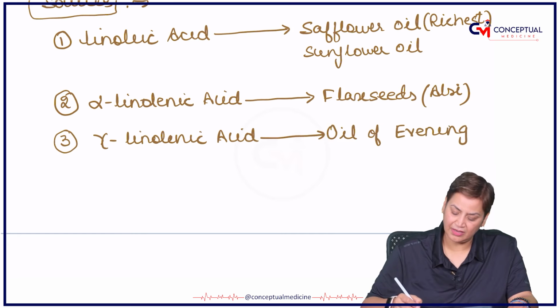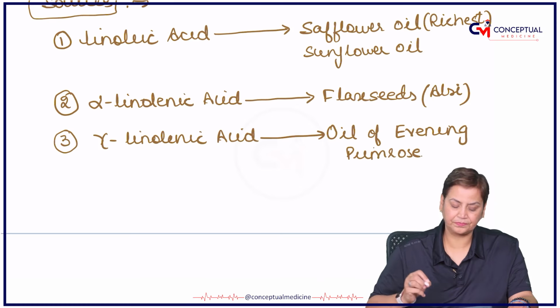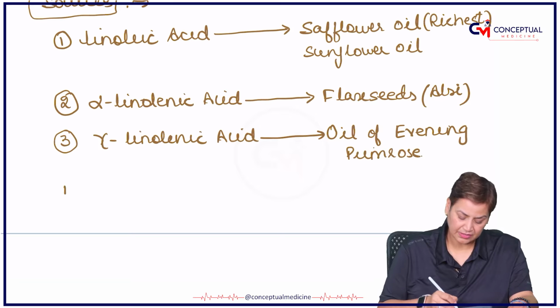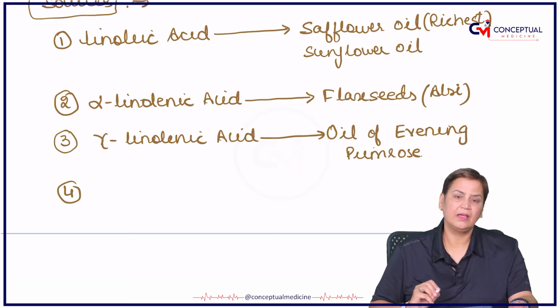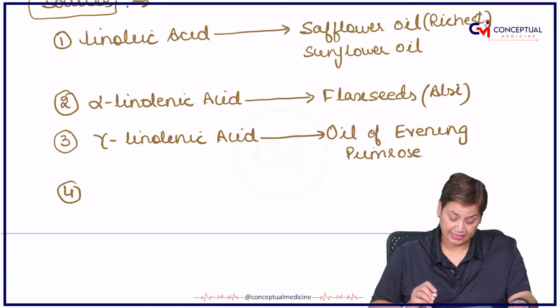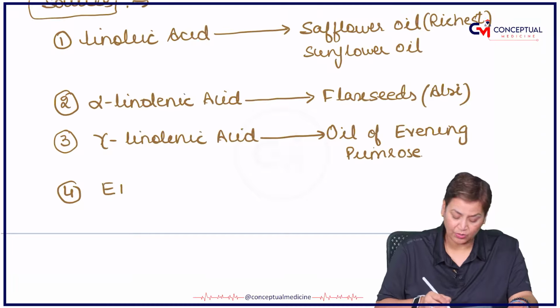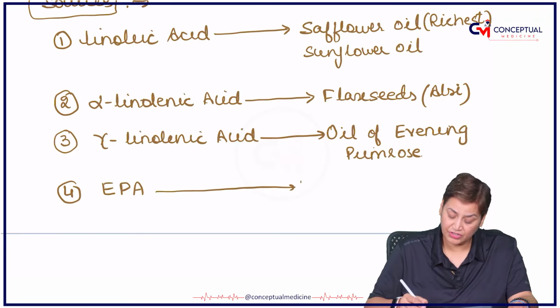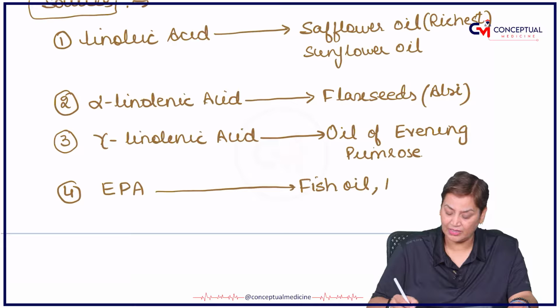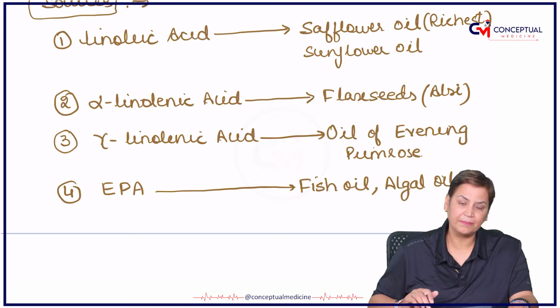This is a kind of flower, evening primrose. Then comes eicosapentaenoic acid. The richest source of eicosapentaenoic acid are the fish oils. Basically cod liver oil and algal oils are the rich source.